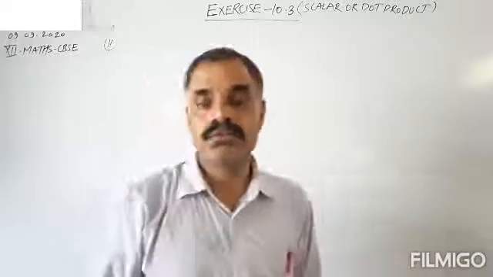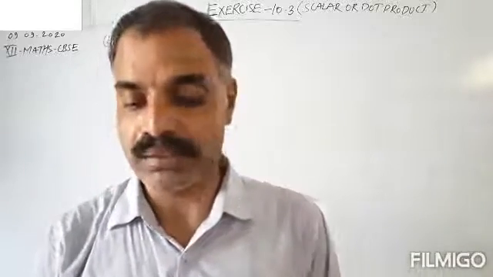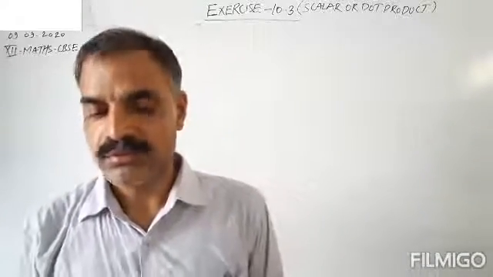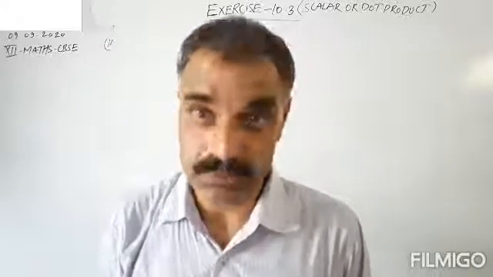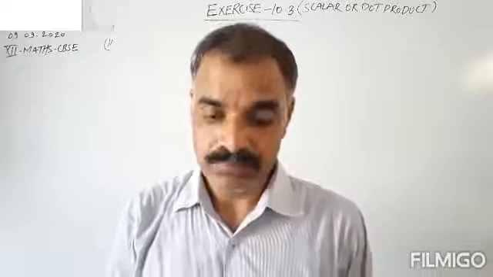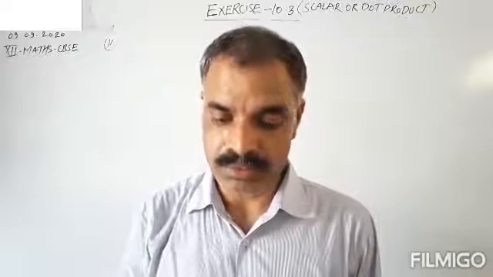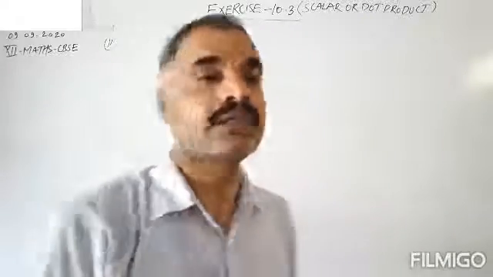So we have been given two vectors. The first vector is perpendicular to the second vector, means the vectors are perpendicular. We have to show that the vectors are perpendicular for any two non-zero vectors.